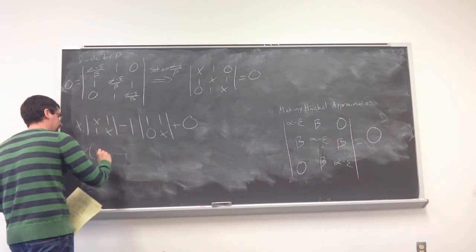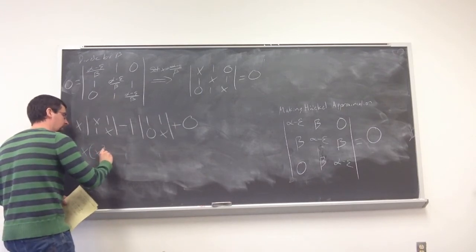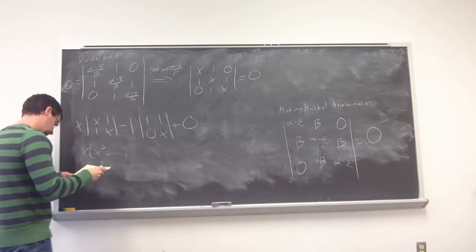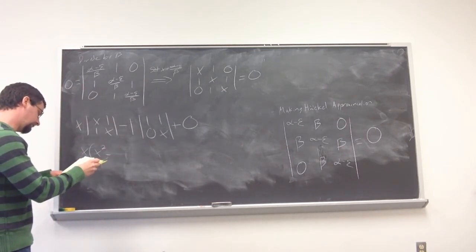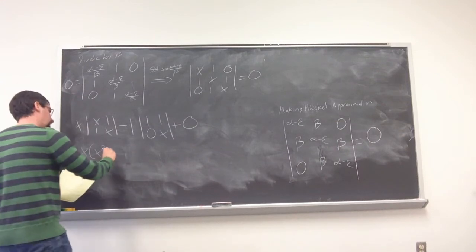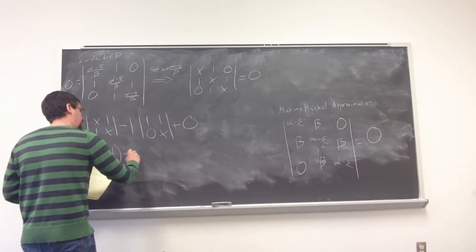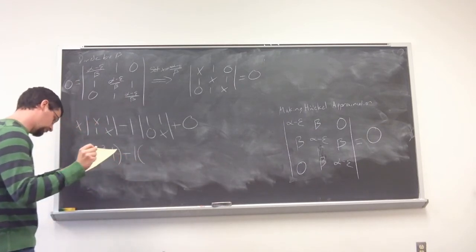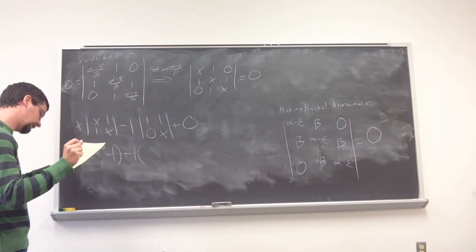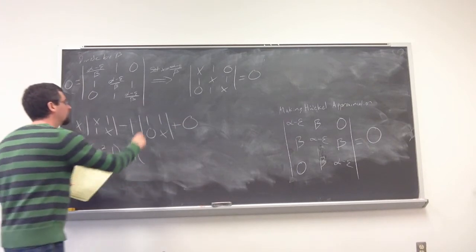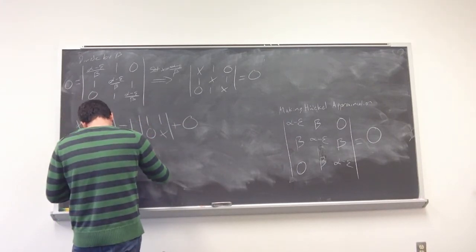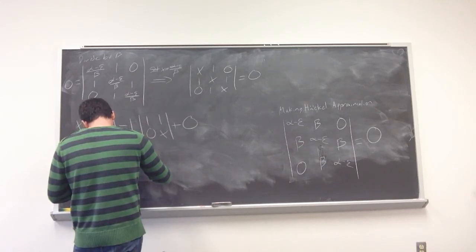We get x minus x squared. Let's see. Should be minus 1, yep. Minus 1. Let's see. x gets applied through the first term. Should be minus x.